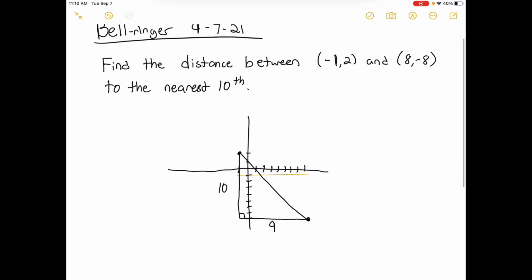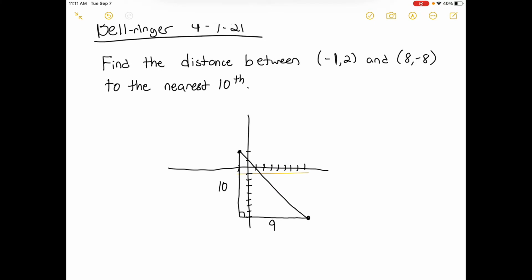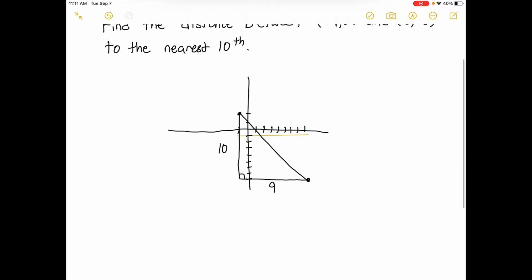Okay, so if you look at this triangle, this is not a triple. Last week we talked about right triangle triples. We went over 4 different types of triples. This is not a triple. And so if you have a right triangle that's not a triple, we're going to use the Pythagorean Theorem.